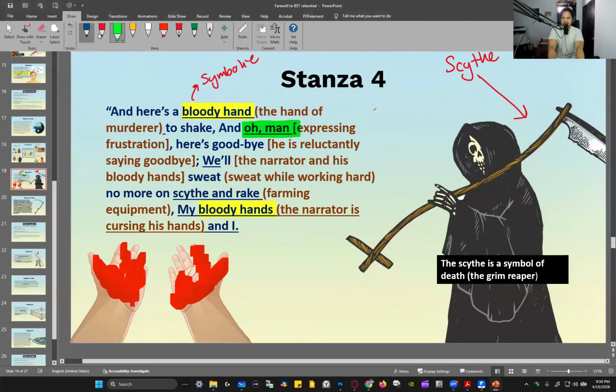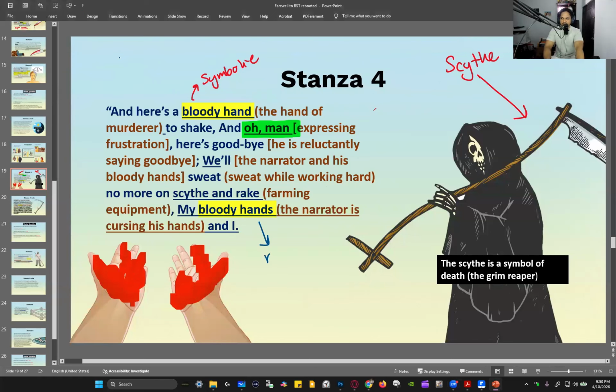The bloody hands have been repeated, repetition. Is the narrator proud of his bloody hands, or is the narrator cursing his bloody hands? The narrator is cursing his bloody hands, right? Because it is his hands that have taken the life of his brother. He's cursing his bloody hands.